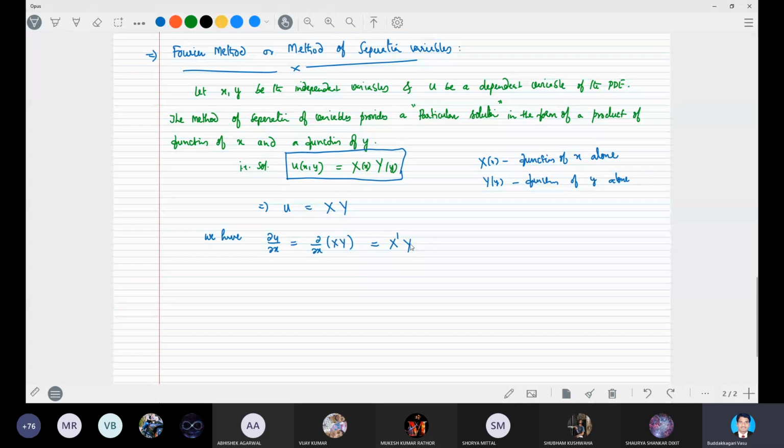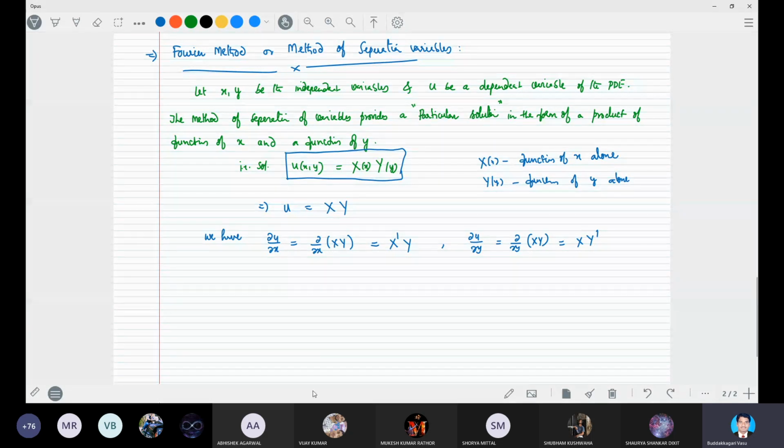Similarly, the same way, dou u by dou y is equal to dou by dou y of capital X into capital Y. You remember that capital X is a function of x alone and capital Y is a function of y alone. While differentiating partially with respect to y, X will be a constant, so it remains, and Y is a function of y alone, so differentiating it with respect to y gives the ordinary derivative Y dash.